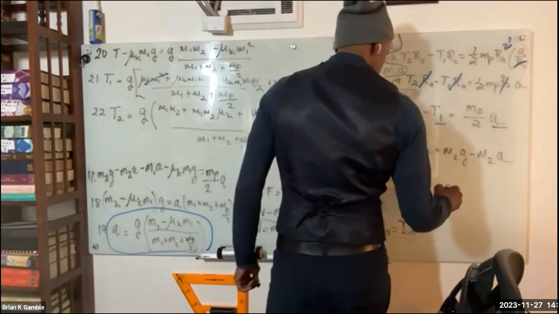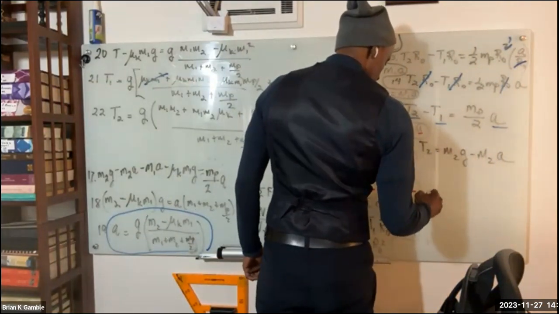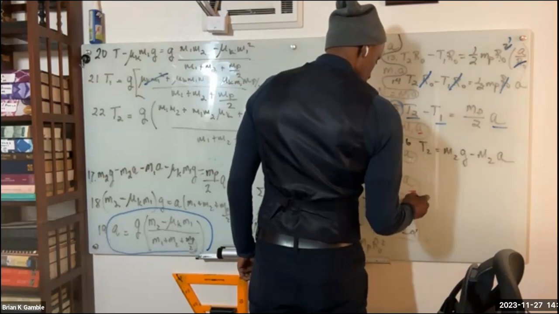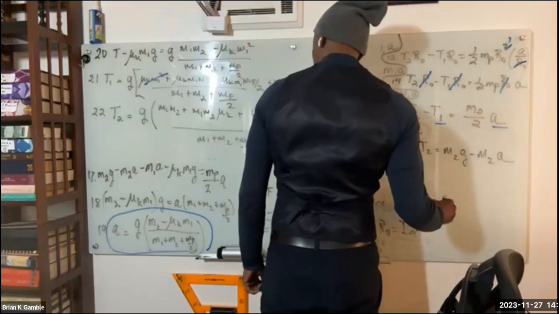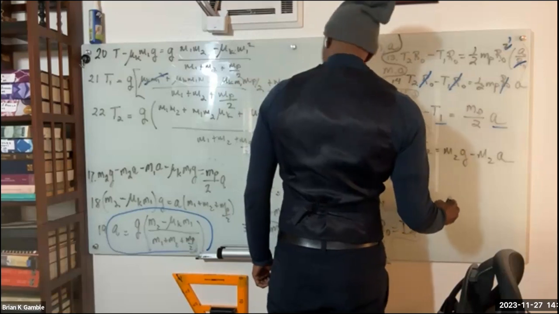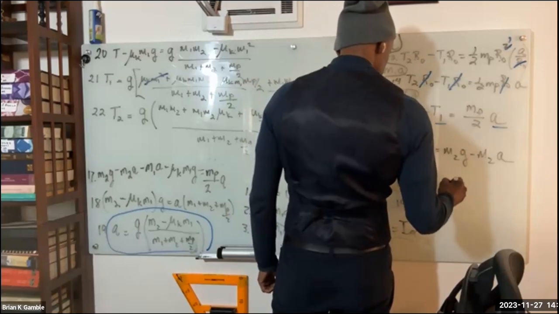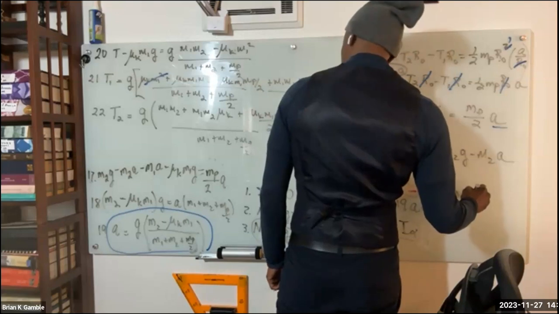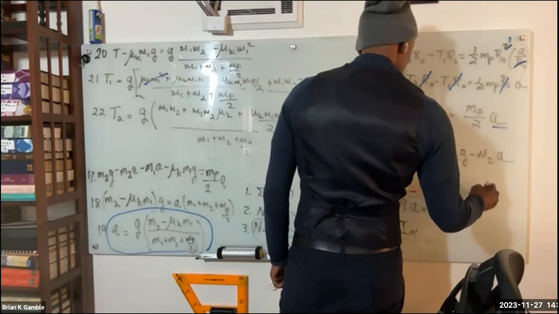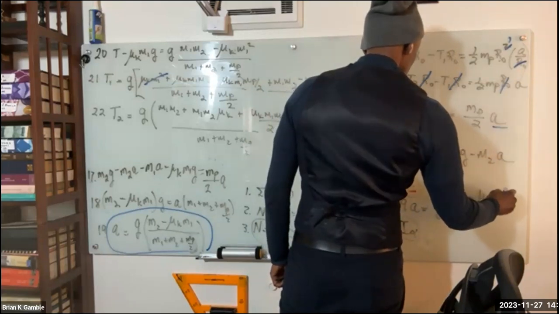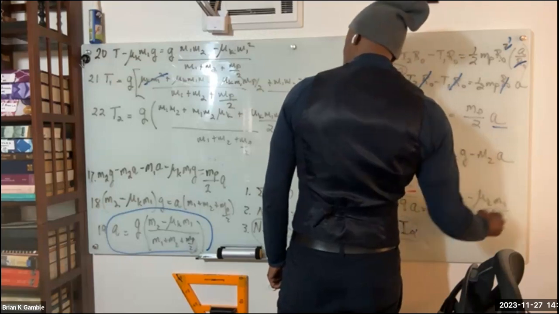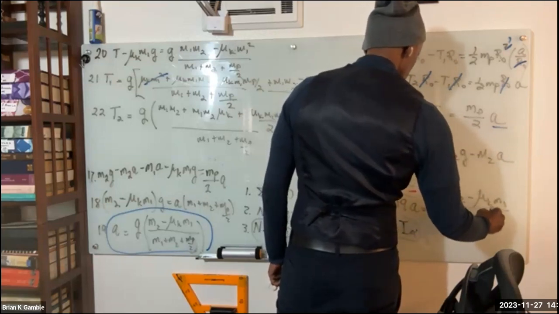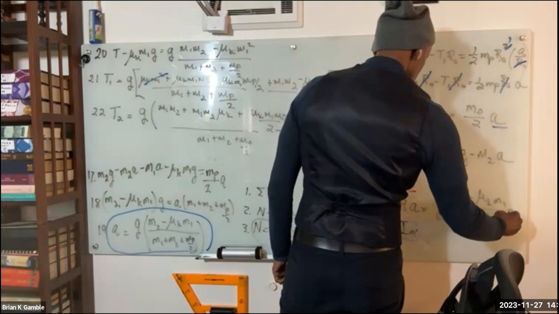So the acceleration, equation 19, acceleration a is equal to g times m2 minus mu k m1 over m1 plus m2 plus mp over 2.